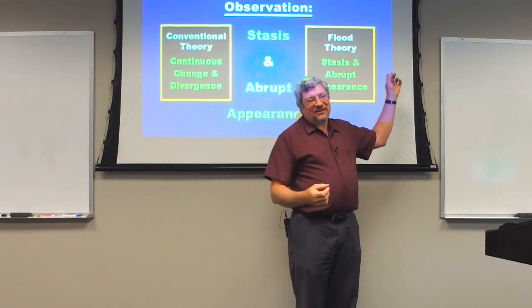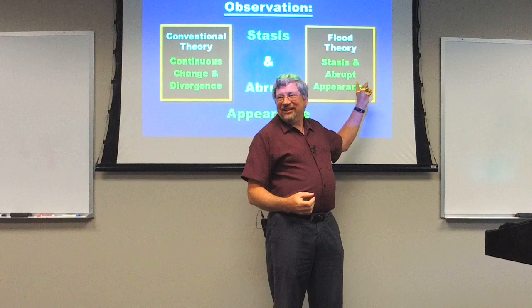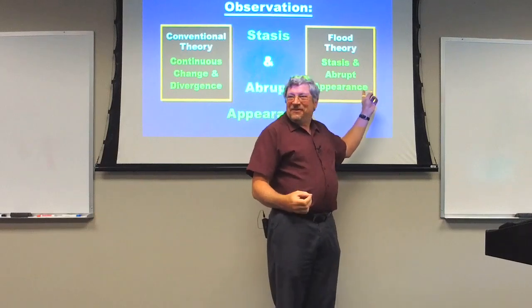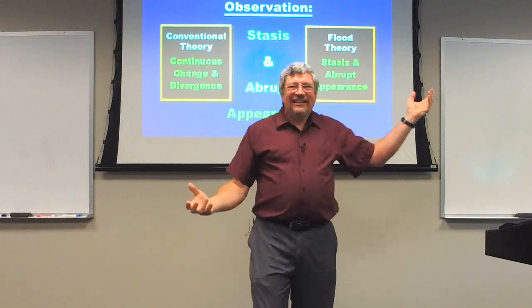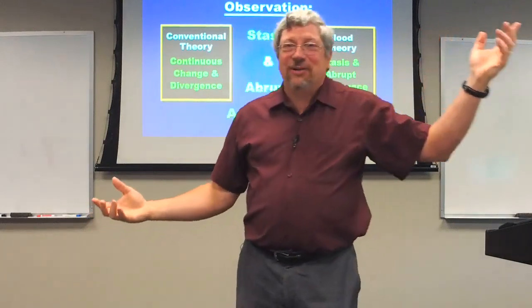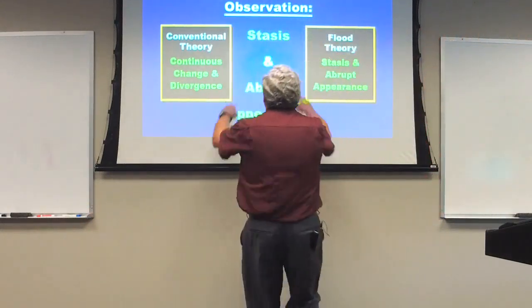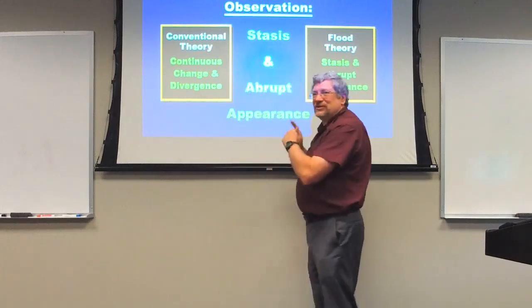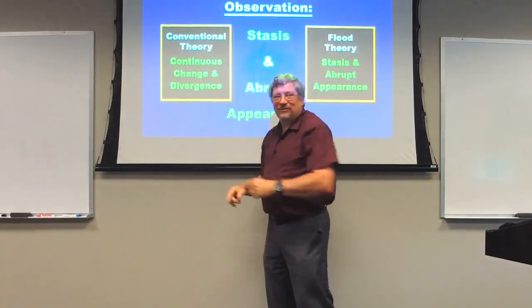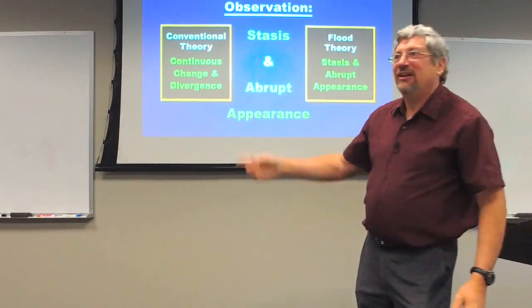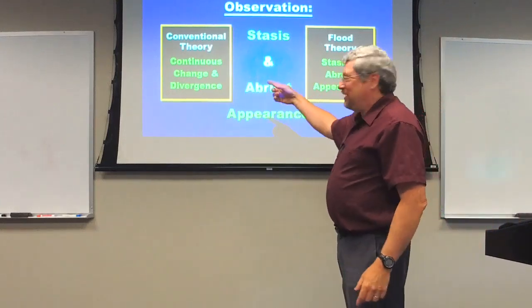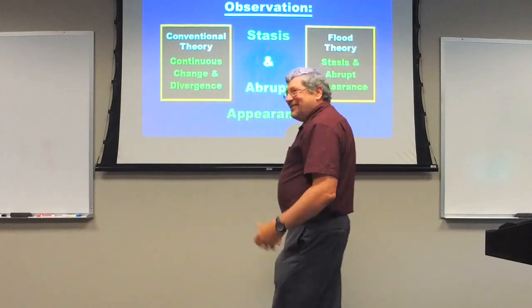Now, it wasn't necessarily that they understood that it fit a flood model, but it does. In fact, I came into Steve's office one day and said, "Hey, Steve, I've just made Punkek, which was Steve Gould's explanation for stasis and abrupt appearance in the light of conventional theory, into a creationist theory. It's this idea, and you want to hear."